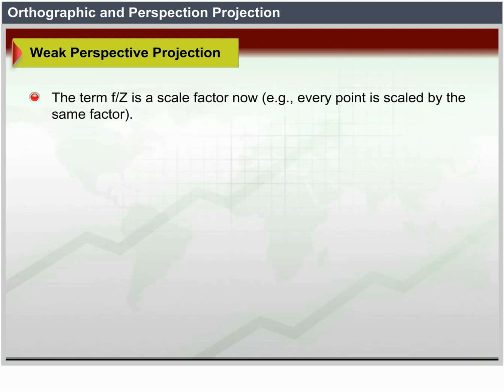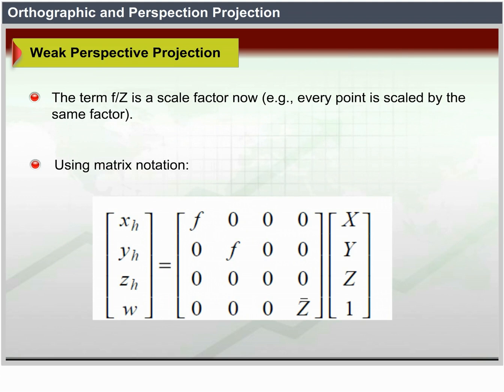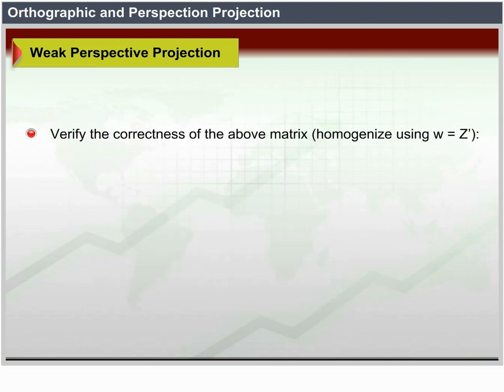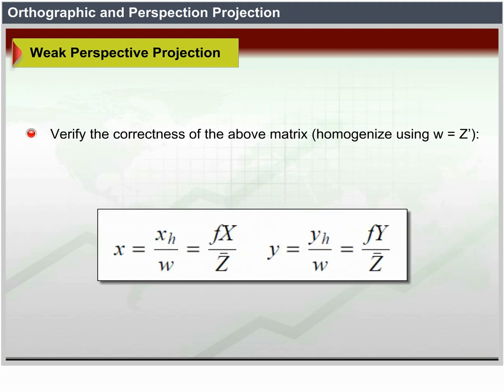Using matrix notation, xh, yh, zh, w equals f 0 0 0, 0 f 0 0, 0 0 0 0, 0 0 0 z bar into capital X, Y, Z, 1. Verify the correctness of the above matrix. Homogenize using w equals z bar. x equals xh by w equals fX by z bar. y equals yh by w equals fY by z bar.